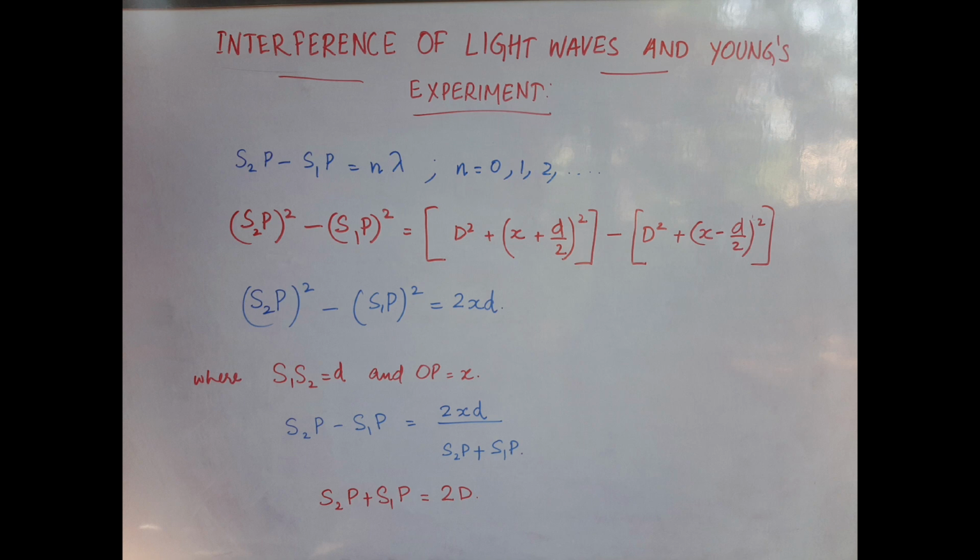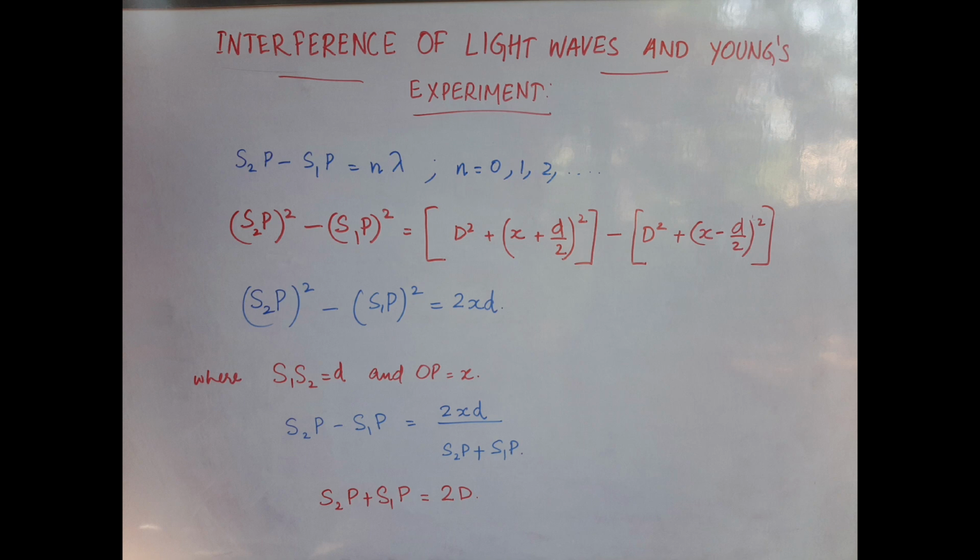So we can expand these terms using a plus b whole square, and there are common terms like D square, x square, d square by 4, all the square terms, and because of the negative sign they will cancel each other. The remaining terms are xd and plus xd, so you will get a 2xd term.